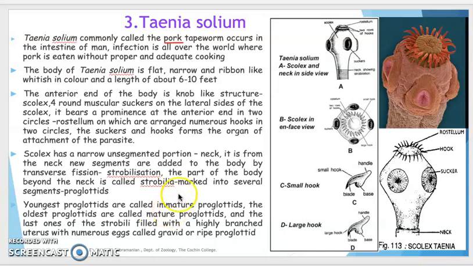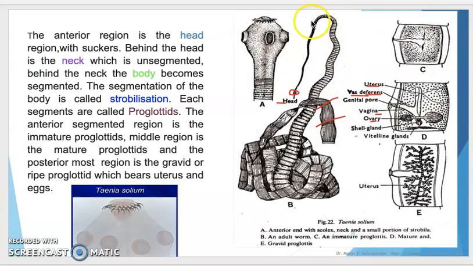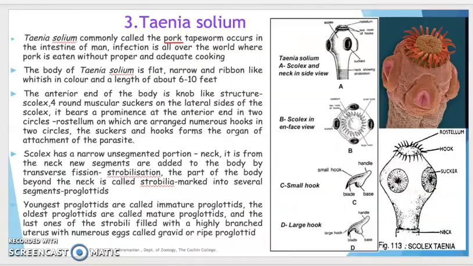The youngest or immature proglottids are seen towards the neck region, and the mature ones are seen on the posteriormost end of the organism. So the youngest are called immature proglottids, and the oldest are called mature proglottids.